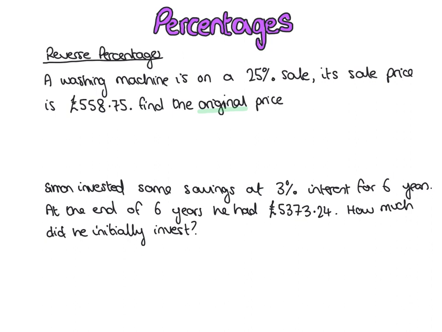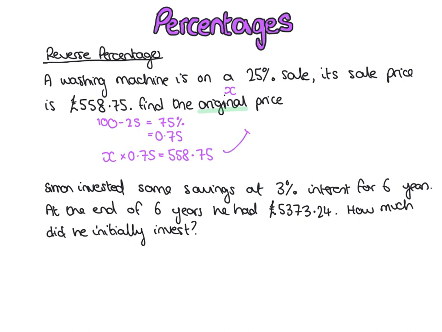So here we're going to set up an equation, and we're going to use x to represent the original price. A 25% sale means a 25% decrease, so 100 minus 25 is 75%, which is 0.75. So we had some original price of a washing machine, multiplied by 0.75, and we know that equals 558.75.